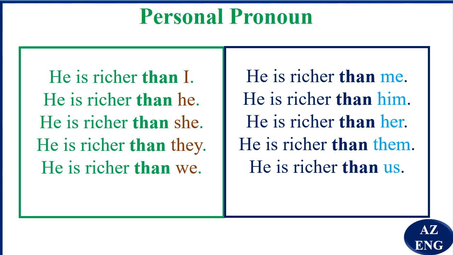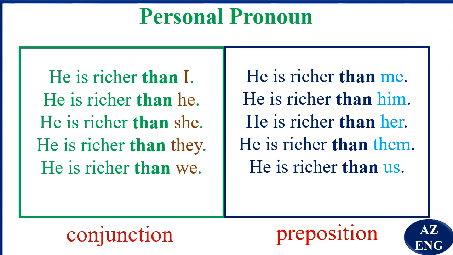Don't worry. Here, if you use he is richer than me, than him, than her, than them, than us, the than is a preposition. So it is correct to use it that way. But if you use he is richer than I, then he, then she, then they, then we, the than is a conjunction.